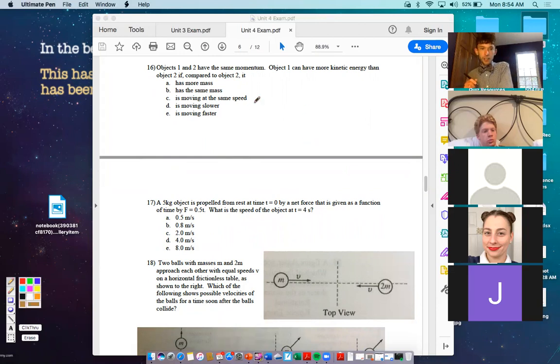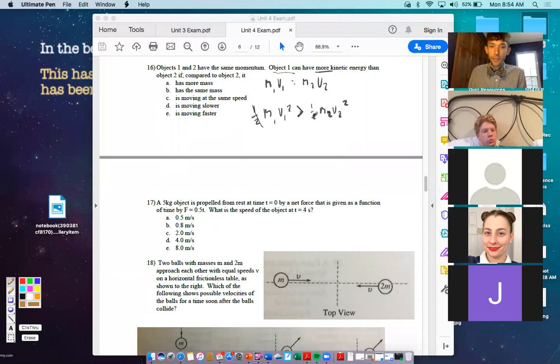Question 16. So here's the way I did it. I said, okay, M1 times V1 is equal to M2 times V2 because they have the same momentum. So under what circumstances will object 1 have more kinetic energy? I want to see what has to be true in order for this statement to be mathematically true. 1/2 M1 V1 squared has got to be greater than 1/2 M2 V2 squared.